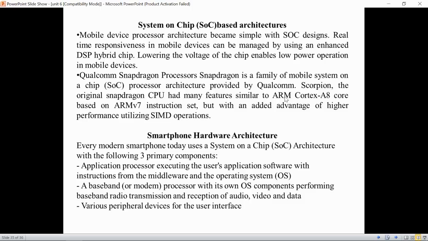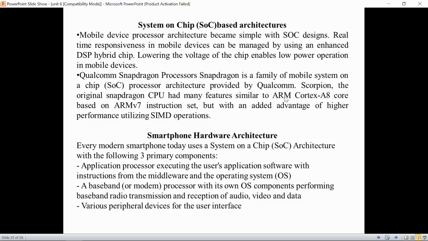But when we talk about SoC, in most SoC based architectures, like your mobile phones, there is a single chip on which processors are doing everything, from taking calls to playing a game, or playing a YouTube video, or anything whatsoever you do.